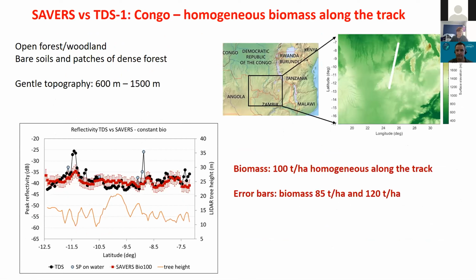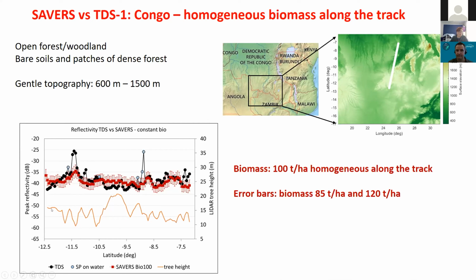Let's move to forests. Here is a track acquired over Congo, over a site with gentle topography and dense forest. Here in the plot, again, the black data are the TDS reflectivity.